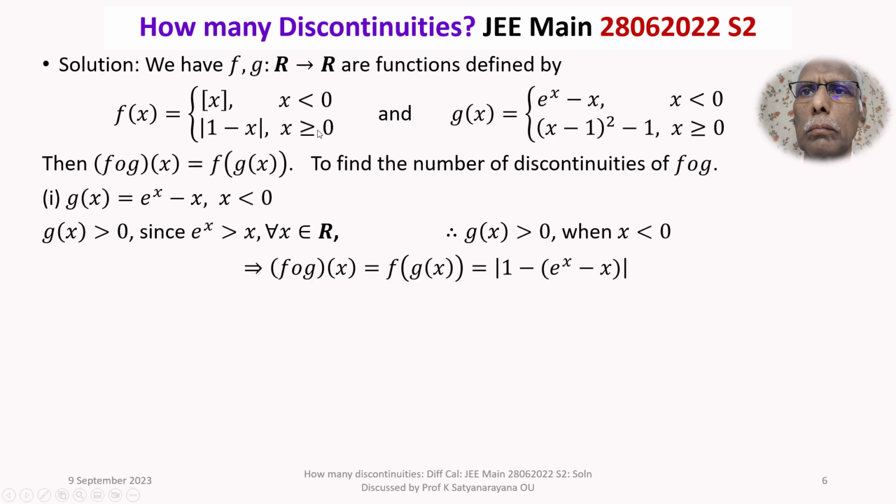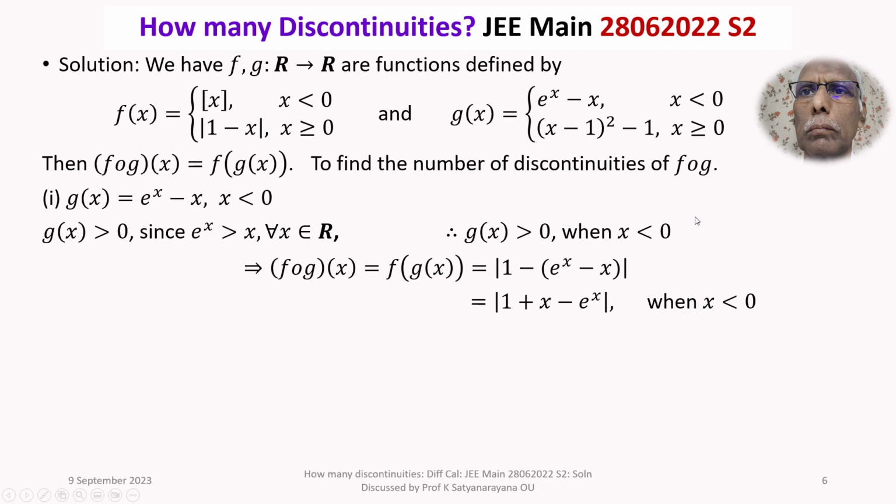So when it is greater than 0, it will go in this branch, and that will be mod of 1 minus g of x. What is g of x? e power x minus x. So it is mod of 1 minus (e power x minus x), that is, mod of 1 plus x minus e power x when x is negative.